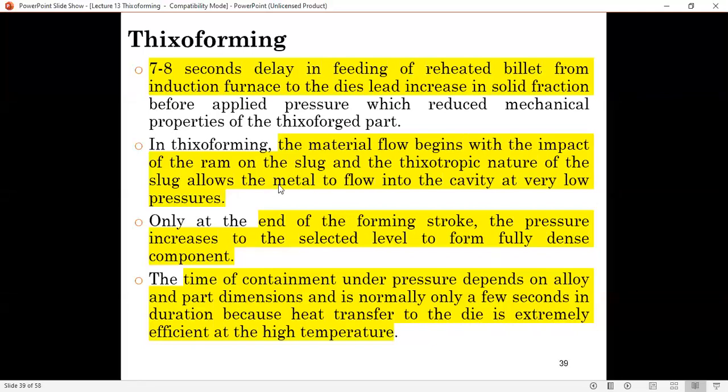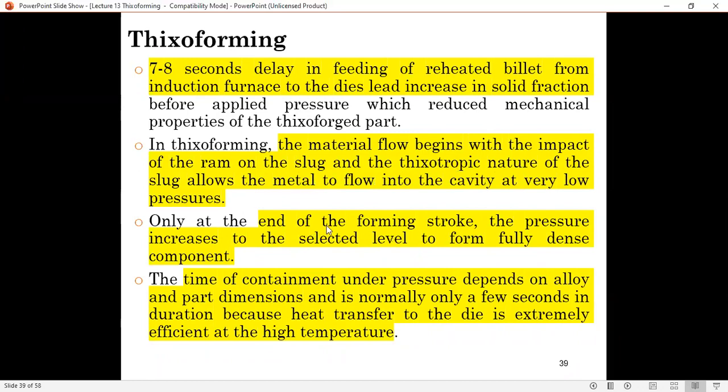That's what it says here. So once it's sheared, the viscosity reduces, and because of that the metal can flow into the cavity at a very low pressure.